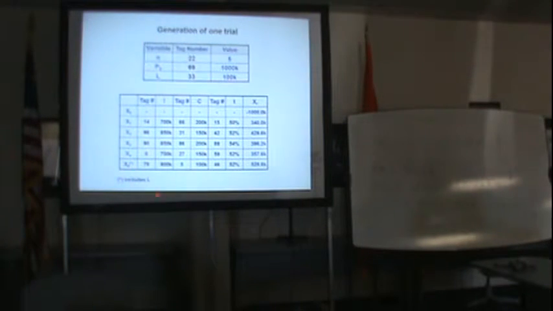For X5, remember that you need to include the value of L, which is 100,000. So that was equal to 429.6 plus this 100. That gives you 629,600. Excuse me, 529,600.